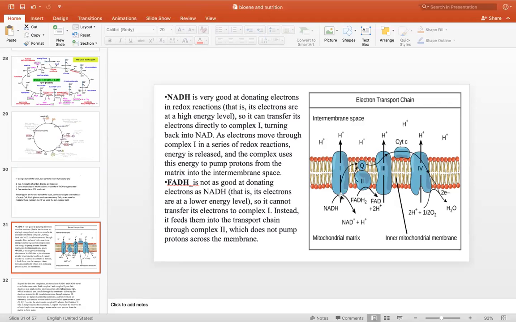As electrons move through a complex series, it causes hydrogen ions to go from the mitochondrial matrix to the intermembrane space.